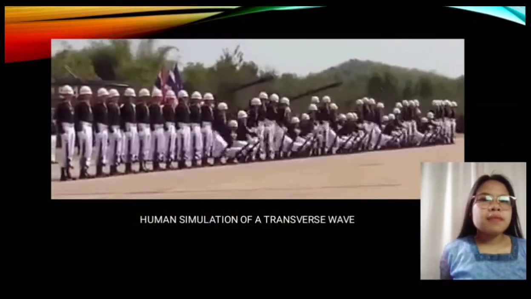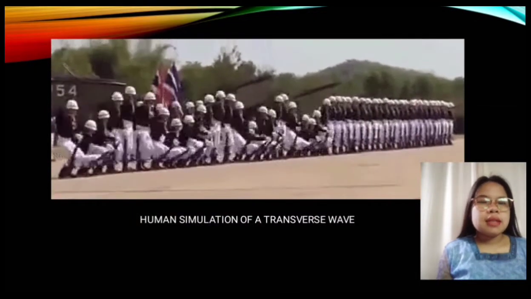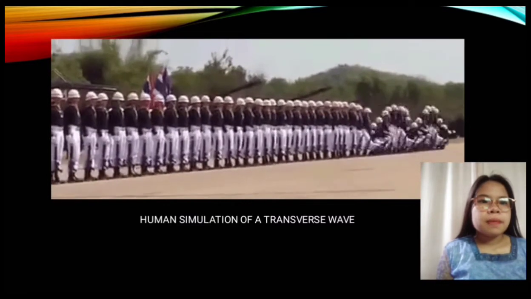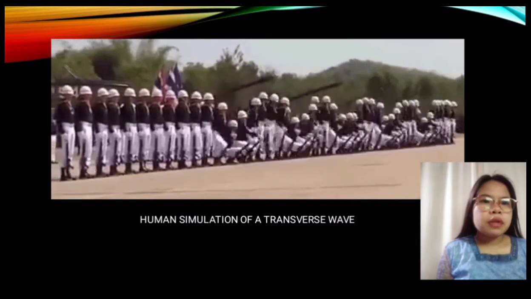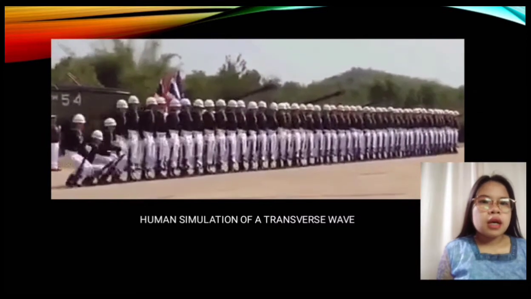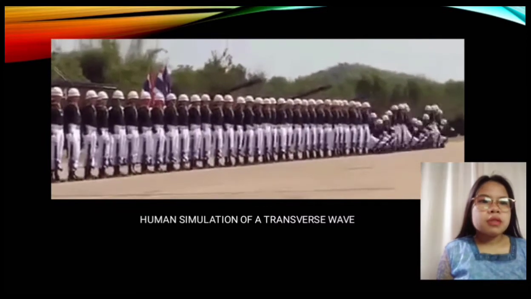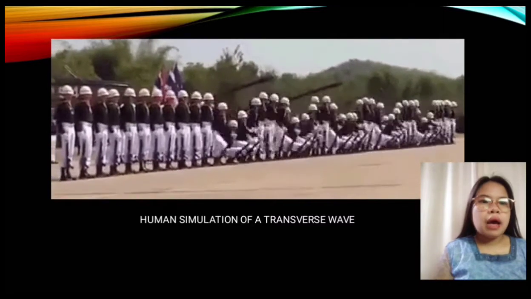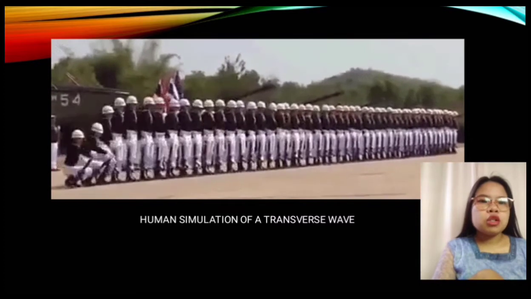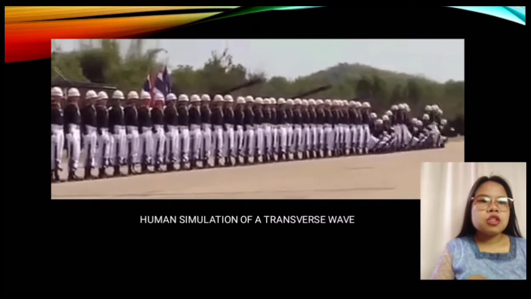Another example for us to visualize this type of wave, the transverse wave, is this line of military men holding their firearms. From the very first person, who moves up and down, in a domino effect until the very last person, they demonstrate the transverse wave.